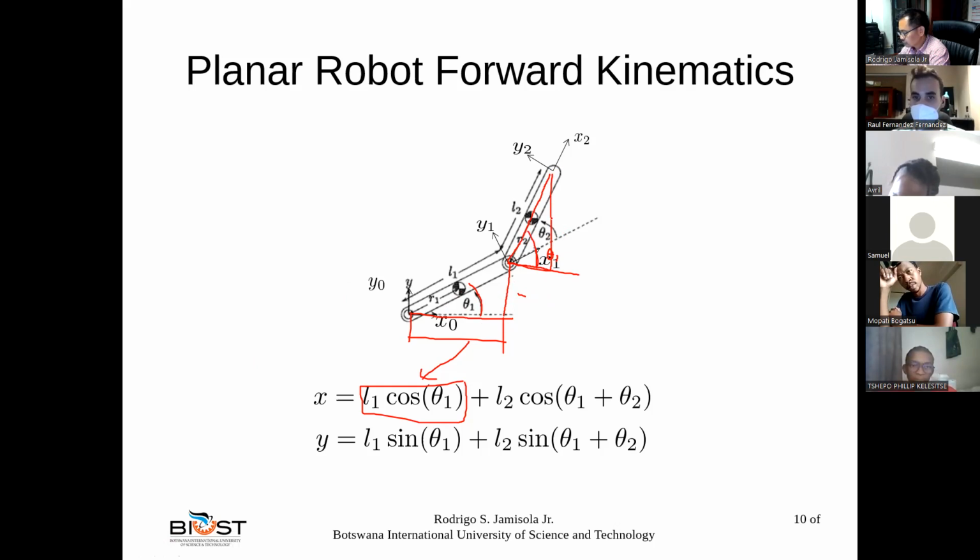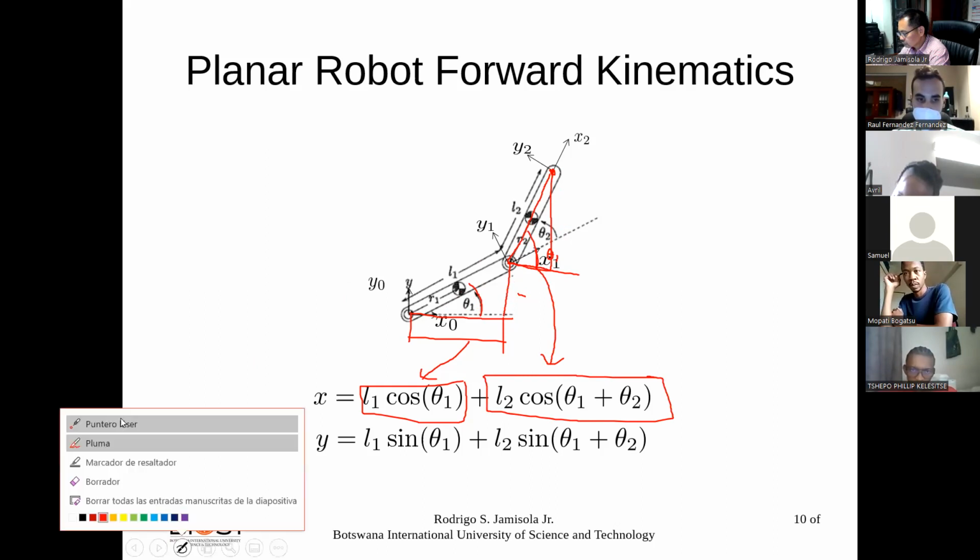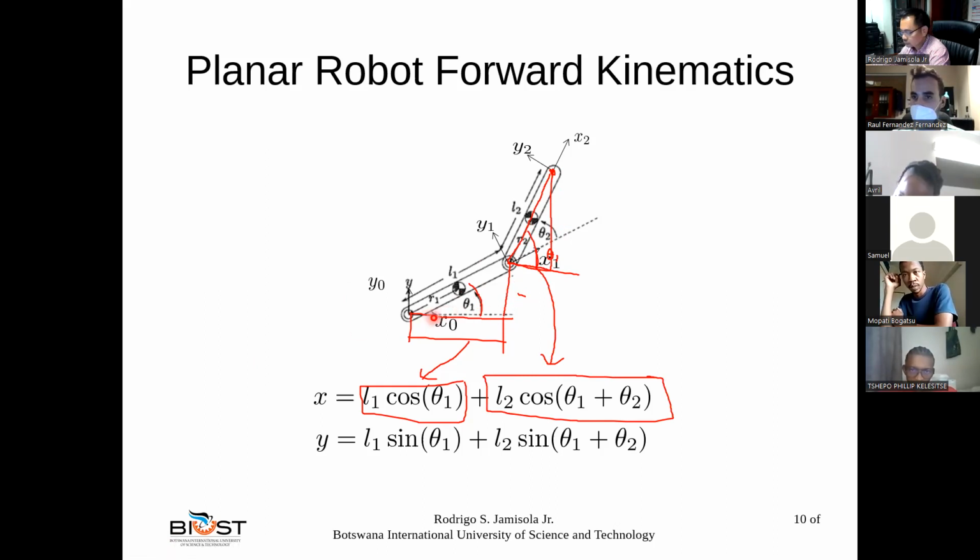So now, using these 2 angles, we are able to compute this distance using this equation. So what is the x value of this position? The x value of this position is this distance plus this distance. So we already know the x value of this position, and if this angle changes, we just have to introduce the new value of the angle in this function.